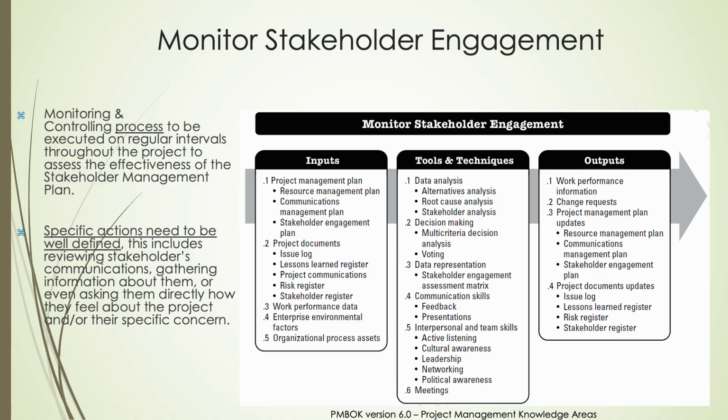Beyond initial classification, continuous engagement monitoring is critical. Stakeholder engagement levels are tracked across 5 stages: unaware, resistant, neutral, supportive, and leading, highlighting both current and target states to inform engagement strategies. Monitoring stakeholder engagement involves structured inputs, analytical techniques, and outputs that guide project teams in adjusting plans, addressing resistance, and strengthening relationships.